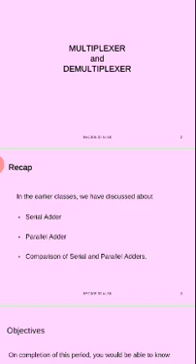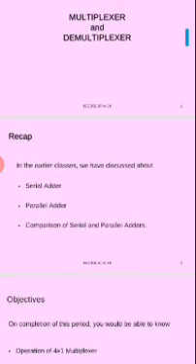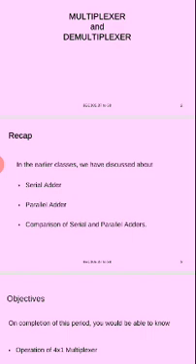At the receiver side, the reverse process will be done. That is called demultiplexer.